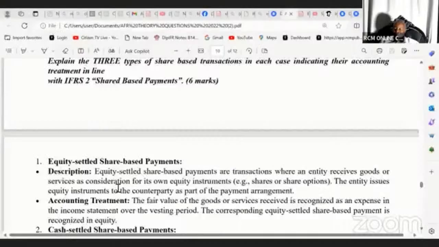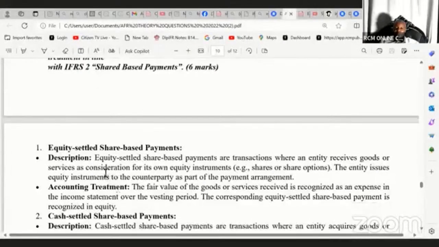To understand how we do the accounting, I would want us to look at this one here. Equity settled share-based payments are transactions where an entity receives goods or services as consideration for its own equity instruments, e.g. shares or share options.